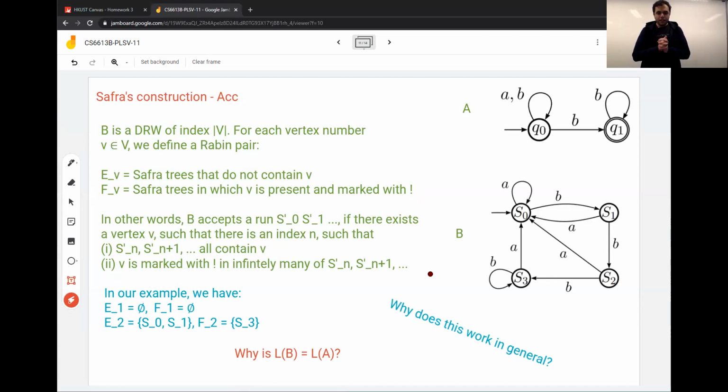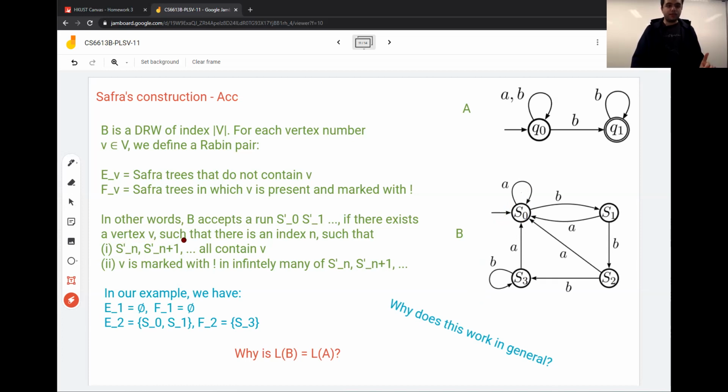Okay. So in other words, if I have a run of my automaton B, which is the deterministic Rabin automaton, and that run is, for example, S prime 0, S prime 1, and so on, this run will be accepted if and only if there is at least one vertex V, and this is not a vertex here, it's a vertex in the Safra trees.